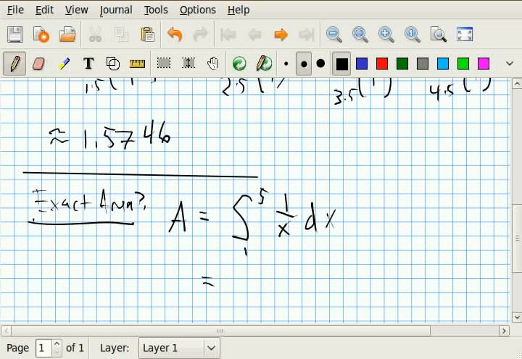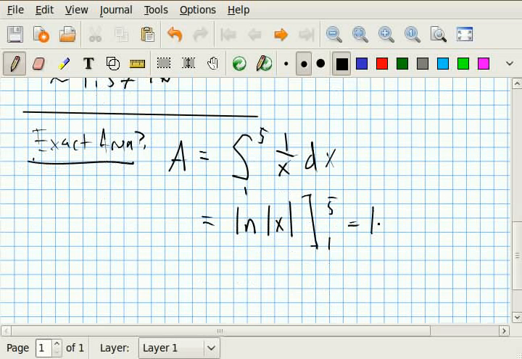An antiderivative of 1 over x is natural log of the absolute value of x. So all we have to do is put these two numbers into natural log and subtract. So the exact area is going to be natural log of the absolute value of 5 minus natural log of the absolute value of 1.